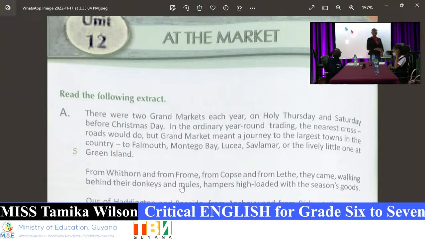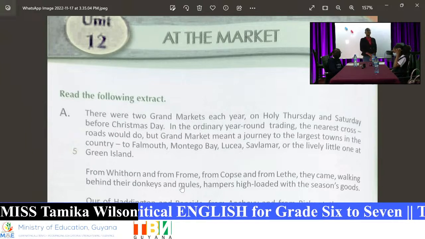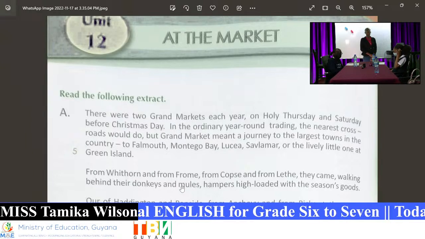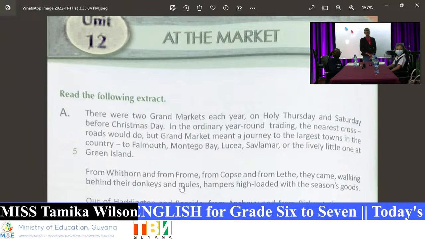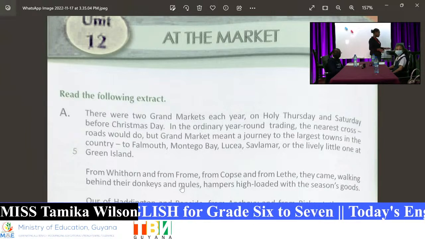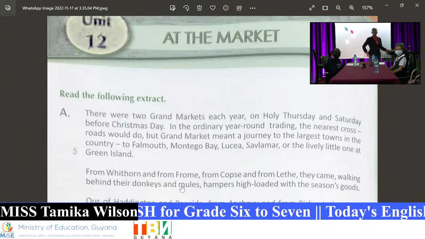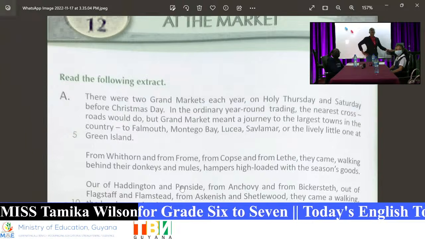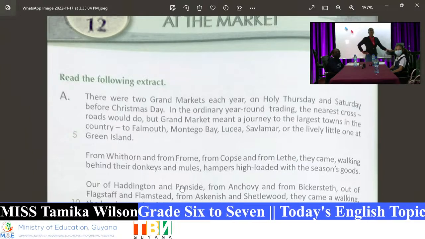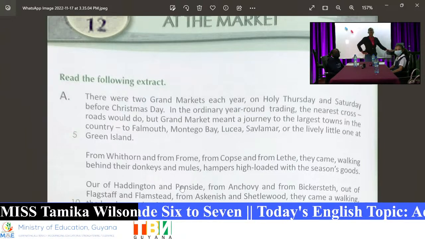From Whittenhorn and from Foam, from Cosby and the Letty, they came walking behind their donkeys and mules, hampers high loaded with the season's goods.